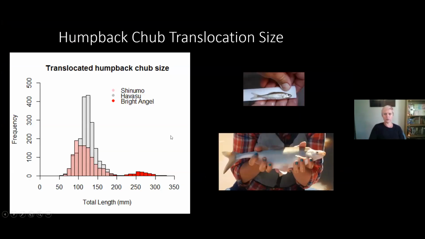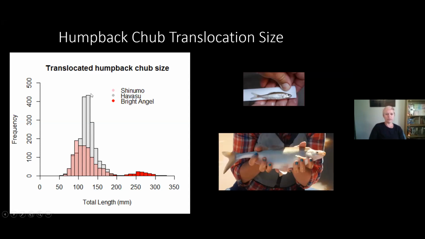One note, the chub that we translocated into each creek were of pretty different sizes. So this pink grouping here were the fish that went into Shinumo Creek. As I said before, in the beginning, we were pulling larger fish out of the Little Colorado River, and then we started to go with some larval collections. So they represent a larger range of sizes.